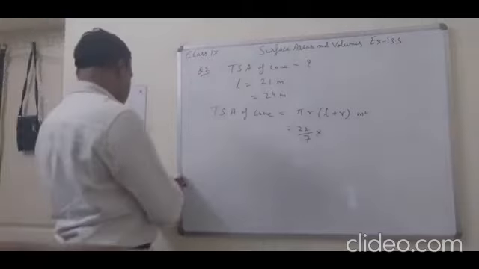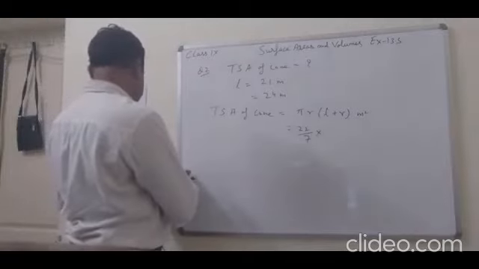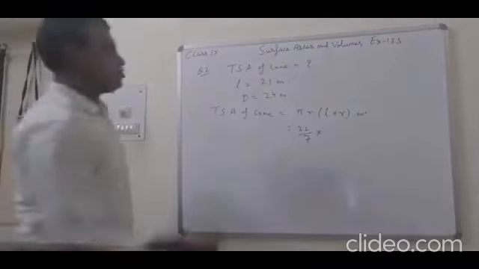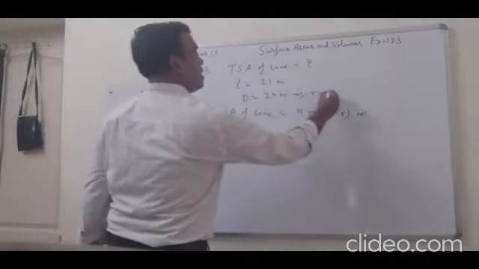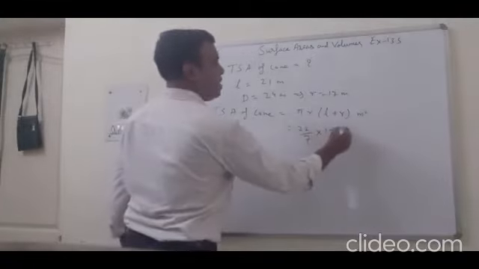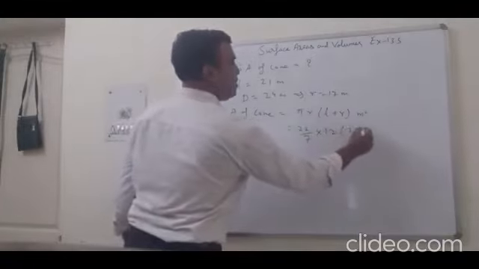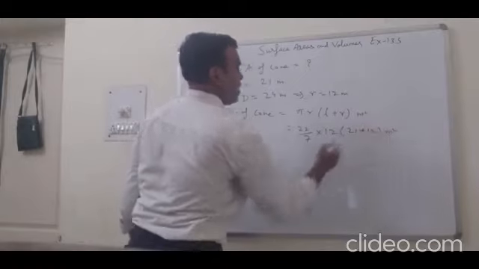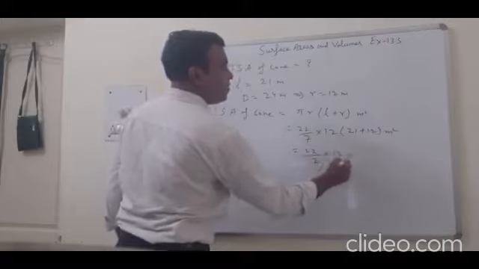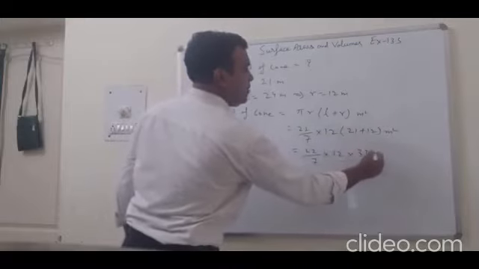See in the book: the base diameter d is 24, so the radius is 12. So r is 12 meter. Putting the values, r is 12, slant height is 21, plus 12 meter square. So it becomes 22/7 into 12 into 33 meter square.